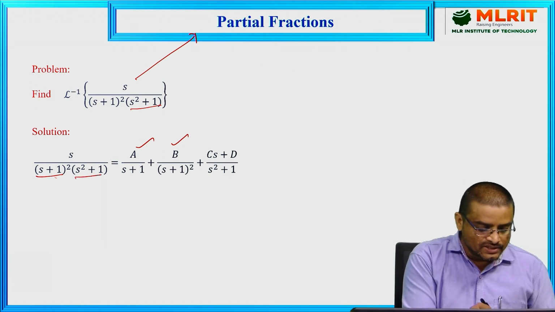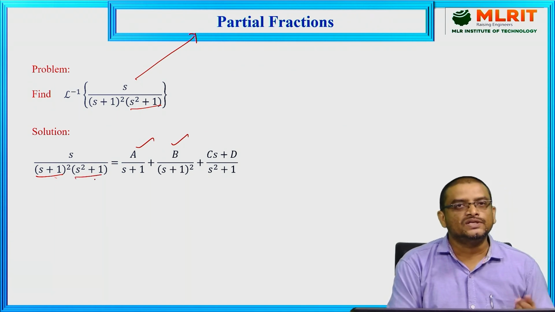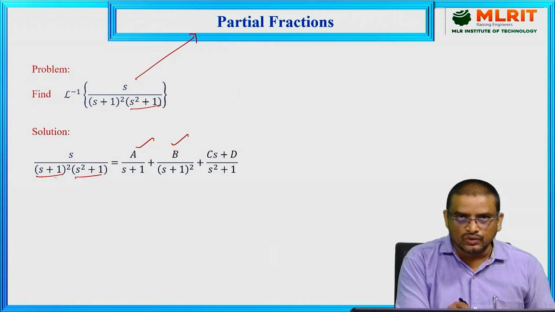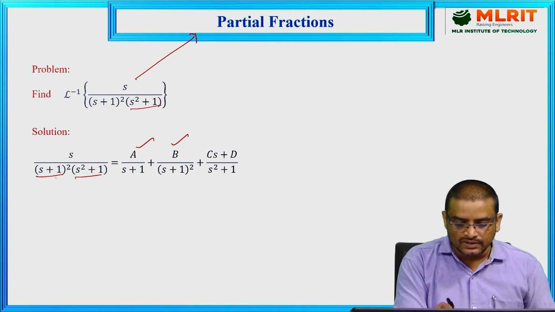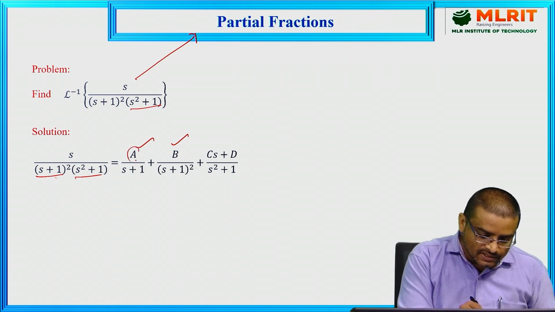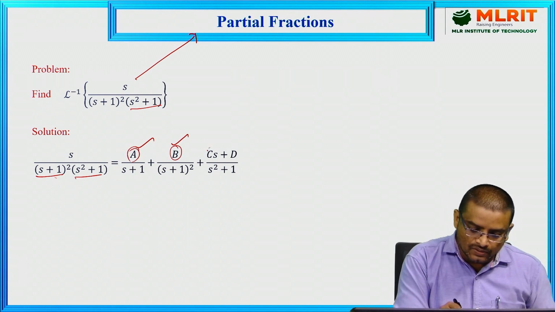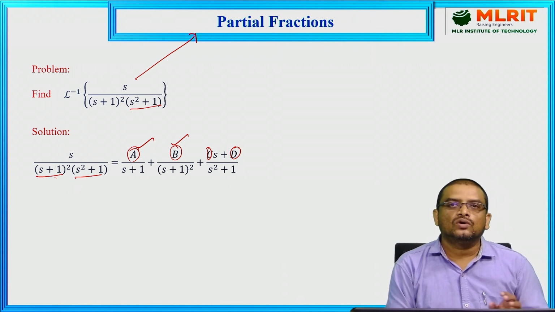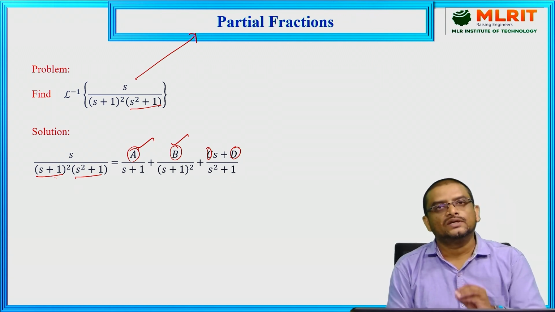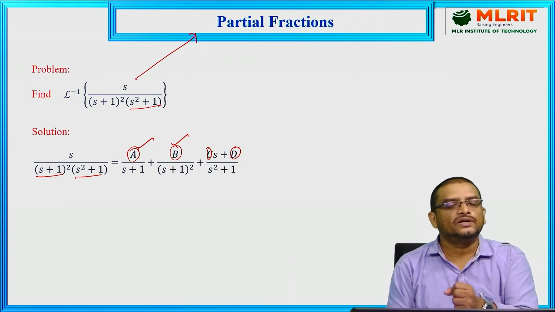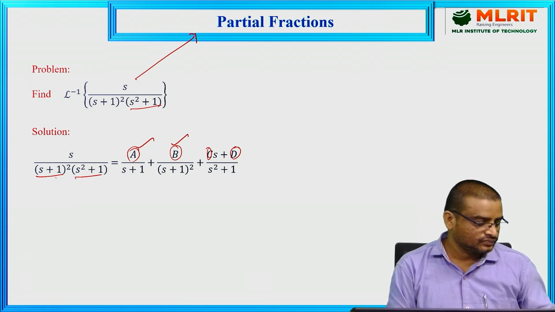And the next factor is s square plus 1, which is not possible to split into linear factors. So a, b is completed, now go for c: cs plus d by s square plus 1. Now our task is finding the a value, b value, c value and d value. If we replace these values, it will be converted into simple functions.